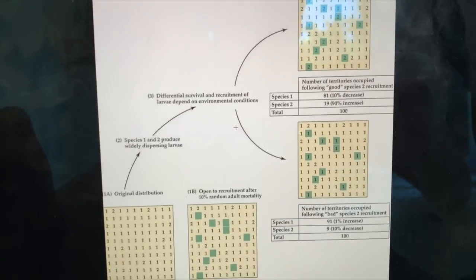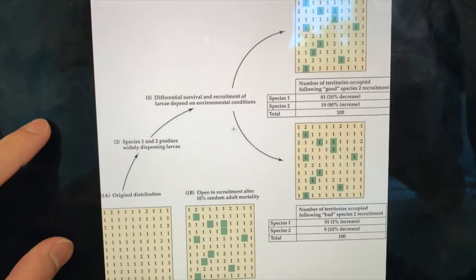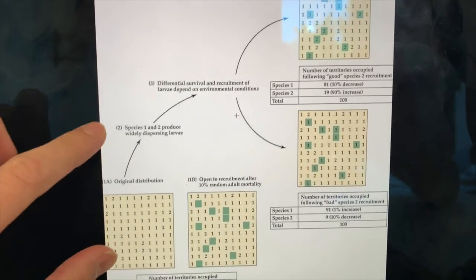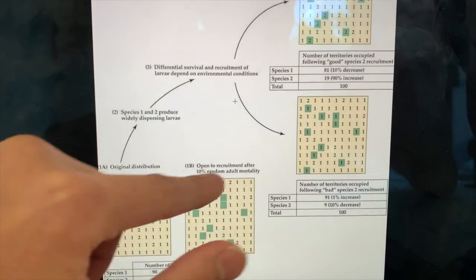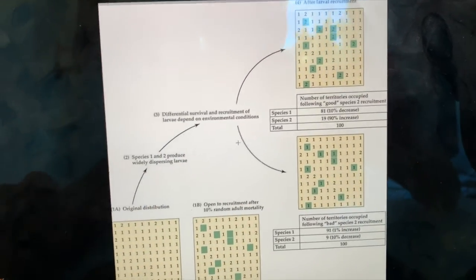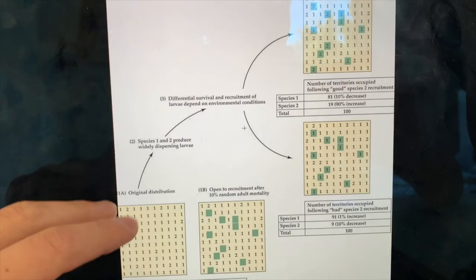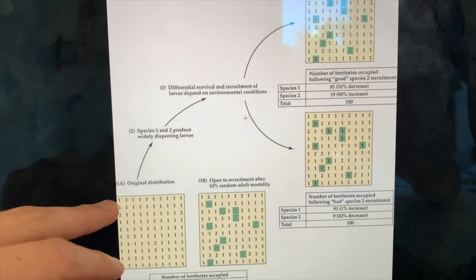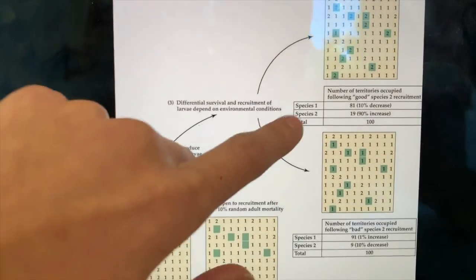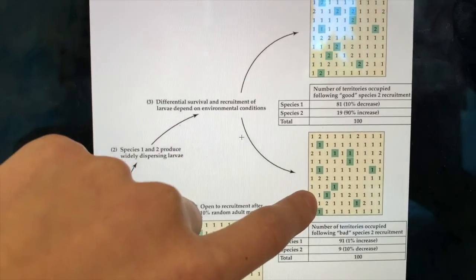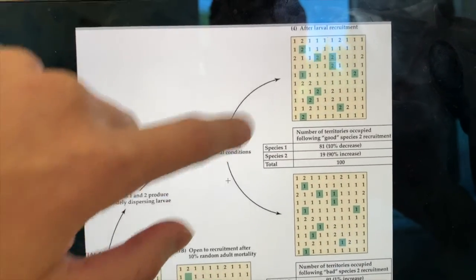So there are more fish attempting to establish territories than there are territories, which is why allocation is first come, first served. Whichever slot fills in first is the population that'll get there. And fry are produced in abundance and are dispersed, and the fry survival depends on the environmental condition. So one condition might be better for species 1, whereas the other condition can be better for species 2.